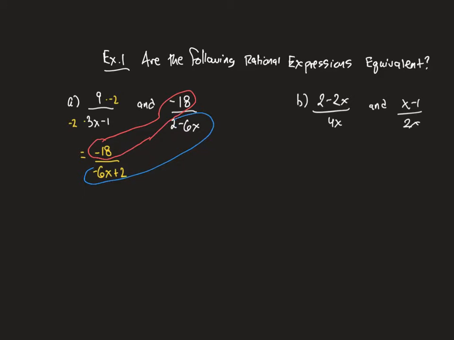Okay, so we've met our top, we've met our bottom, and the second part is we need to now figure out if the restrictions are the same. Now the restrictions for my first one, well, 3x minus 1 is on the bottom. So what would make that equal to 0? Well, bring the negative 1 to the other side. Divide both sides by 3. So x cannot be 1 over 3. What about the second one?